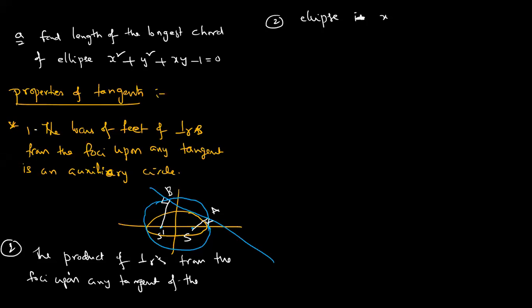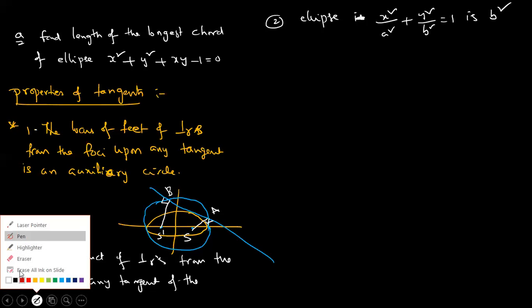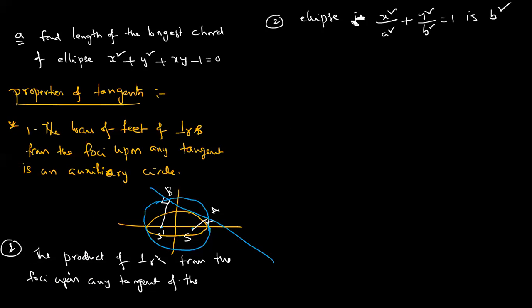For the ellipse x square by a square plus y square by b square is equal to 1, it is b square. Tell me what is the answer.